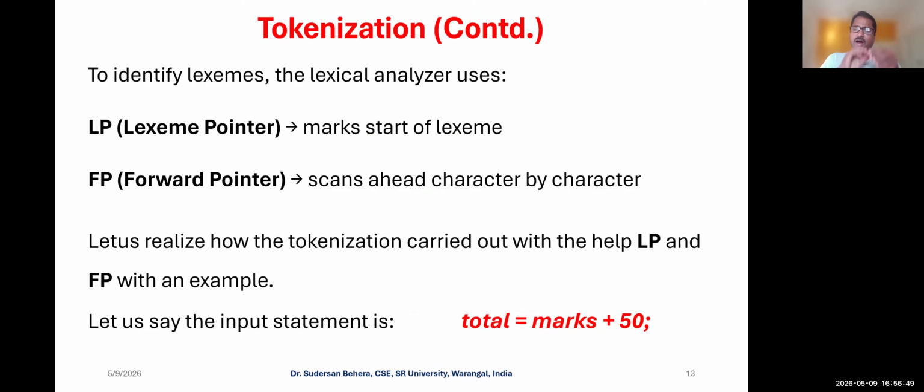Now, the question is how this job is performed by the lexical analyzer. How does the lexical analyzer perform tokenization? Is there any particular tool available with it? Starting from the first character of the word and reaching the last character, there must be some technique associated with that.